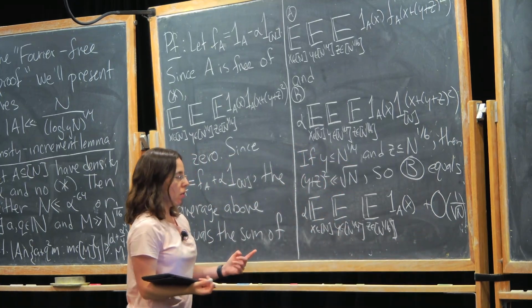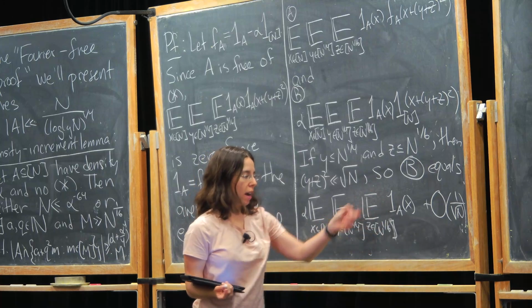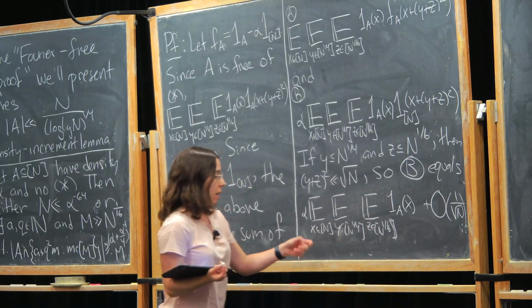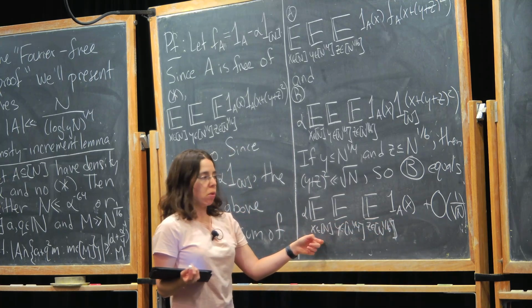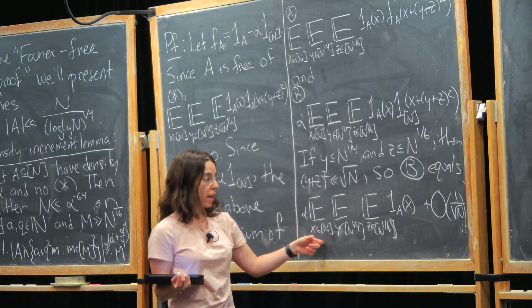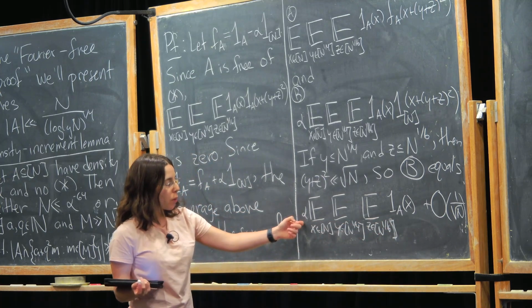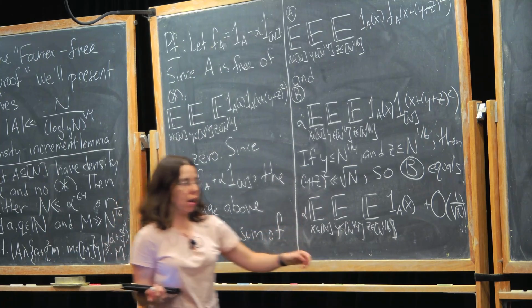The average over z now does nothing in this average. The average over y now does nothing. And then we're just averaging over x up to n. So this average equals alpha, the density of A in the first n integers. So this whole expression equals alpha squared plus this error.